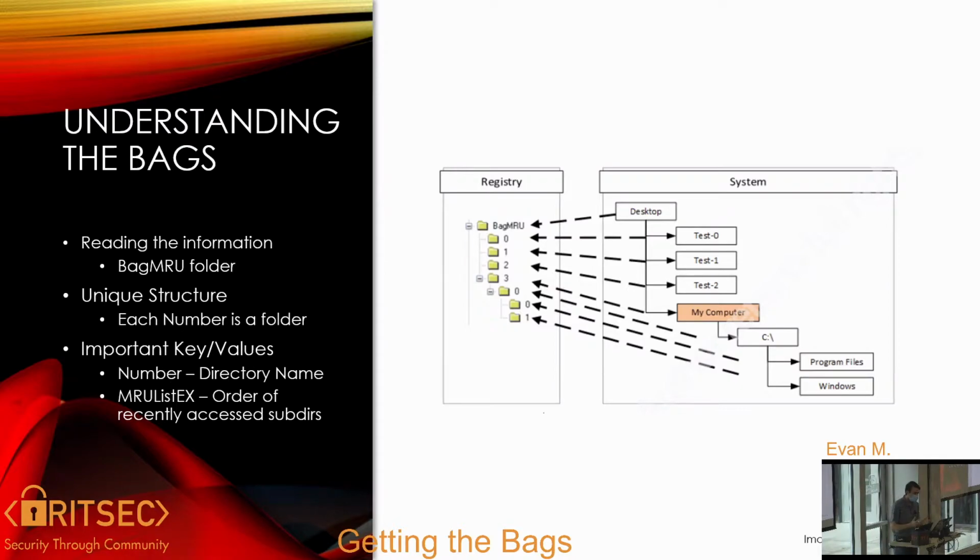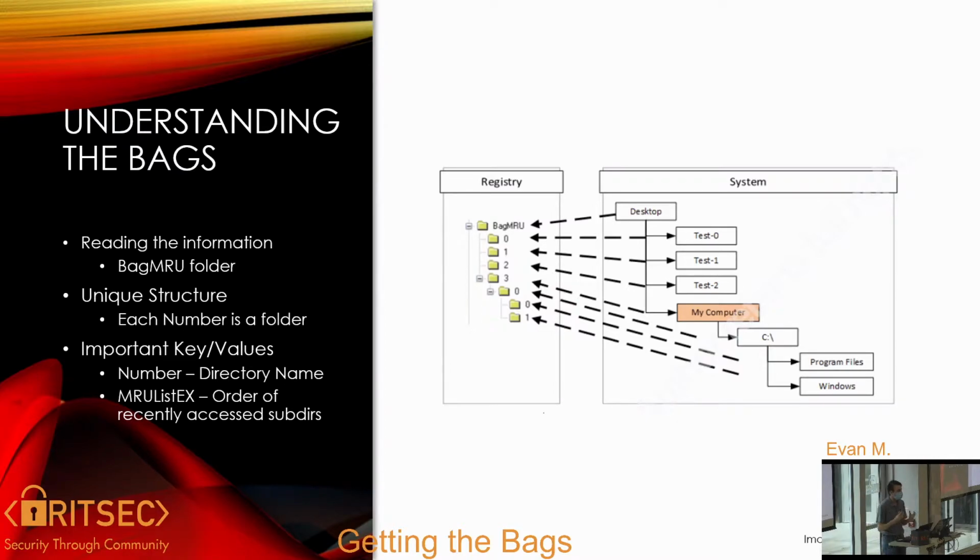view of used directories. When you're reading through these registry folders, the important key value pairs to pay attention to are the number and MRUListEx. Those two are important because they describe the directory name and the order of access to subdirectories.